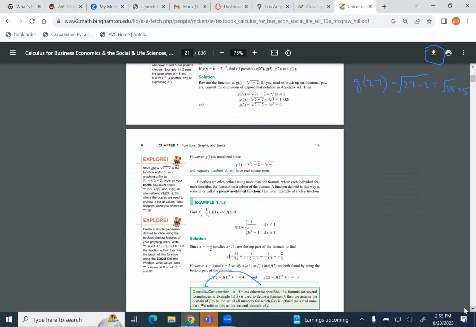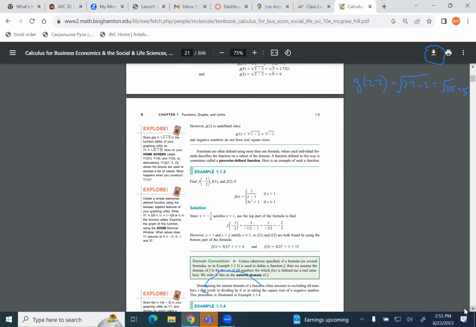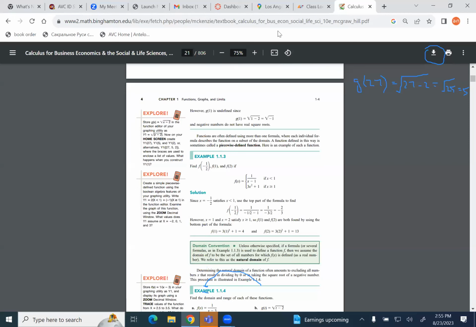Well, sometimes functions are not given in a very nice format. Like in the next example here, they give us a so-called piecewise defined function. So there are 2 pieces here. The one piece starts at 1 and goes to the left, and that's when we're using this first notation.